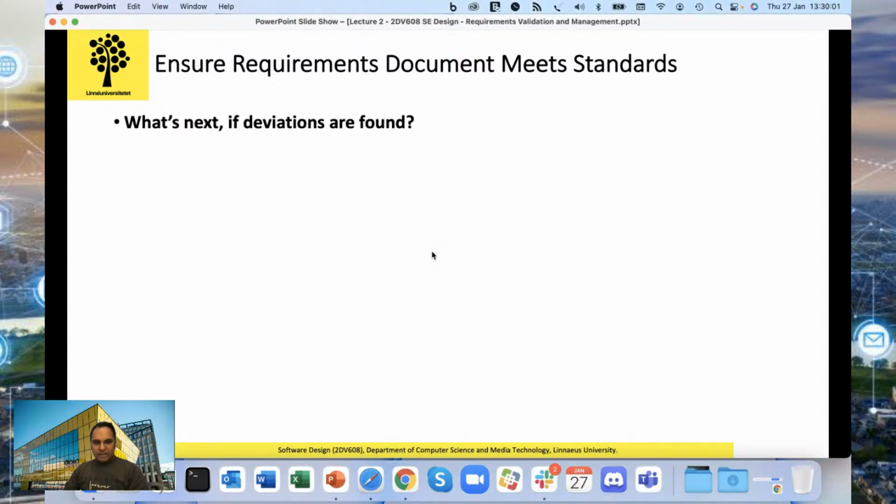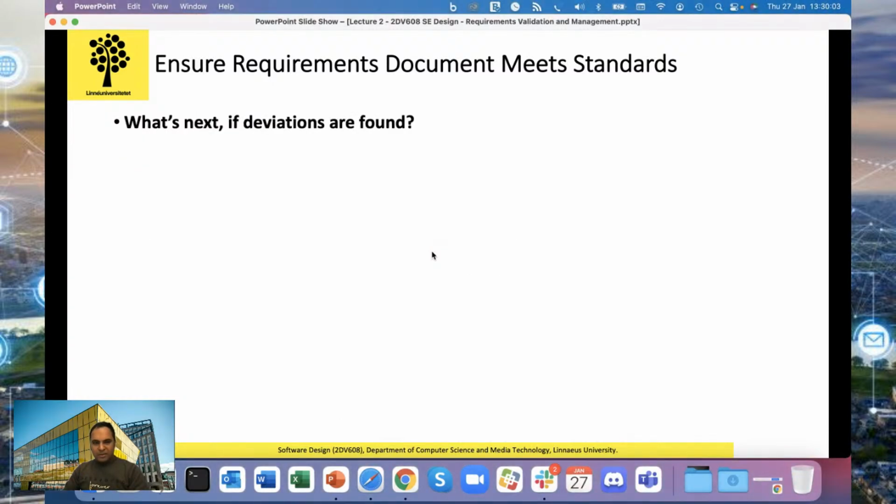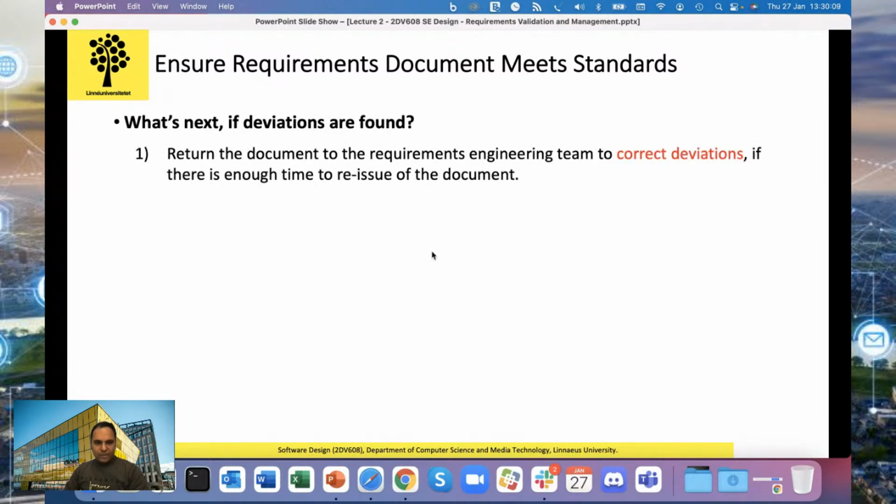So what's next if there are problems or deviations from the standards? There are two alternative ways. One is to return the requirements document, or the draft of the requirements document, to the requirements engineers or the team, if there are more people, to correct those problems or deviations if there is enough time. But this is not always the case.